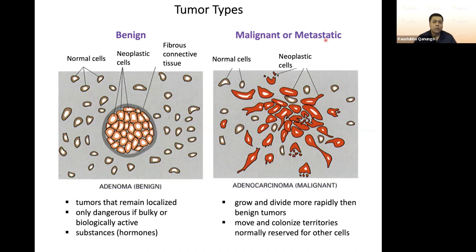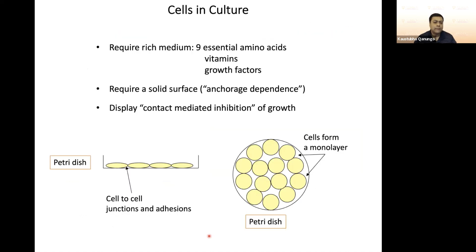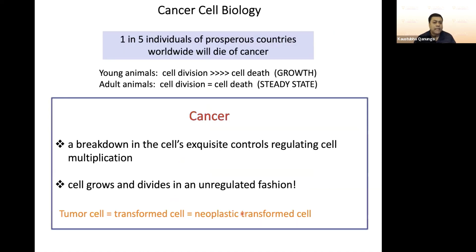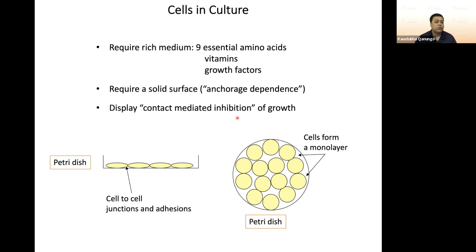And what is metastasis? Definitely know that. So these are some of the differences. A good question is the comparison of your transformed neoplastic cell with this. So that could definitely be a question.